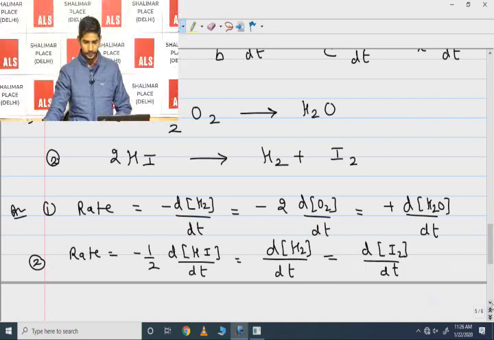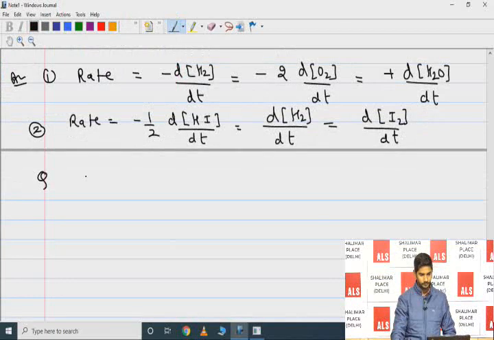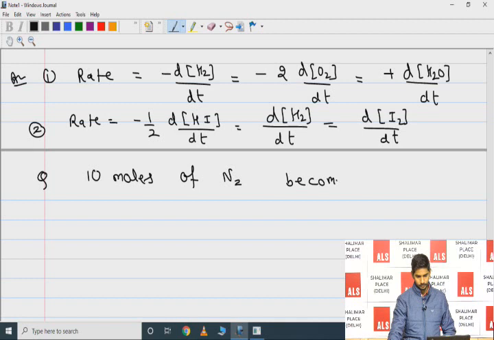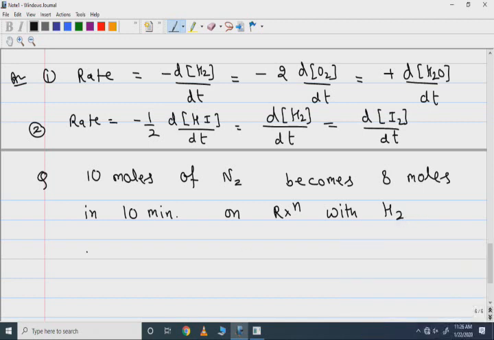Okay, so let's solve one question. That 10 moles of N2 becomes 8 moles in 10 minutes on reaction with H2 to form ammonia.